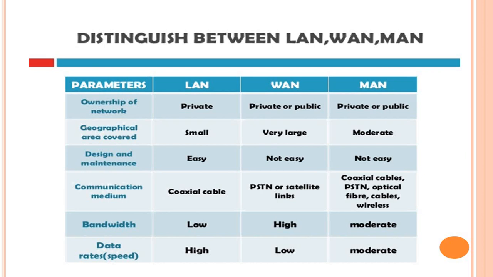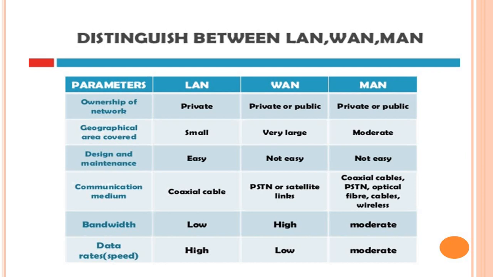For WAN, PSTN or satellite links, that is the phones and the satellite links. For MAN, coaxial cables can be used, PSTN, optical fiber, different cables or wireless. There are various options which can be used in MAN.